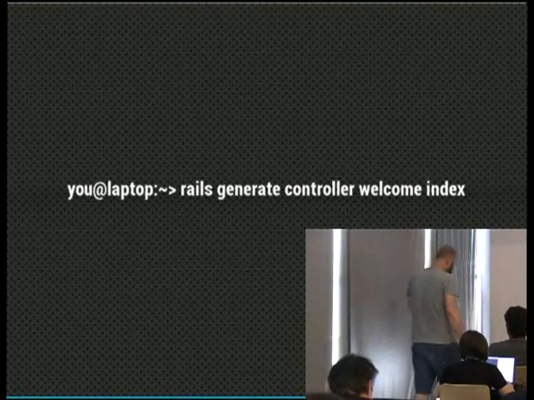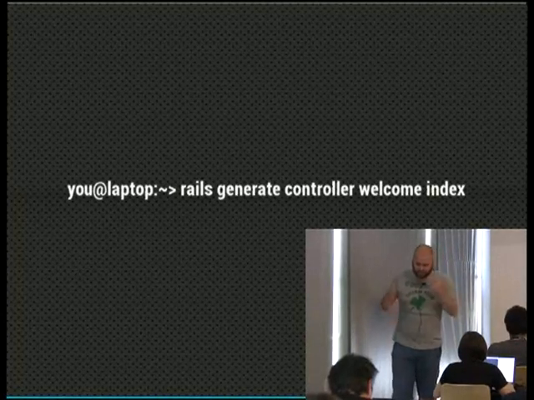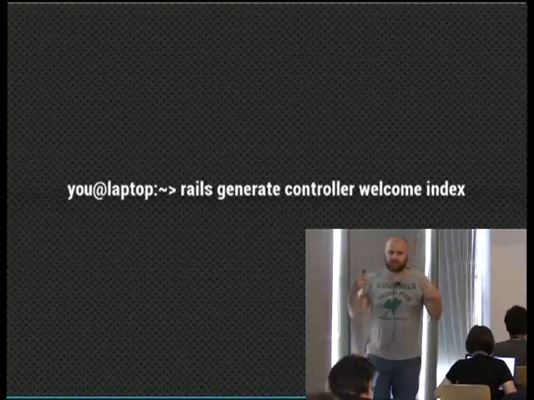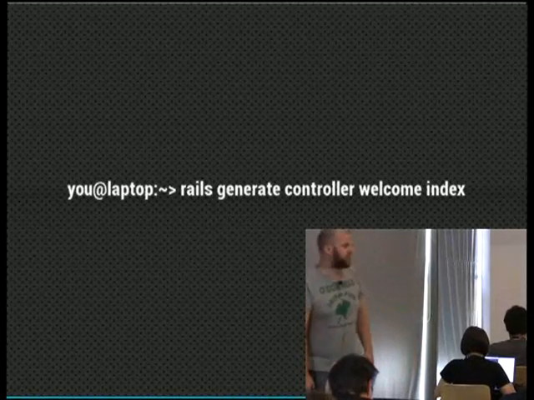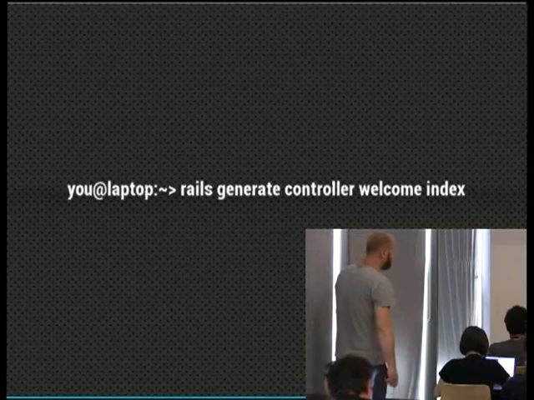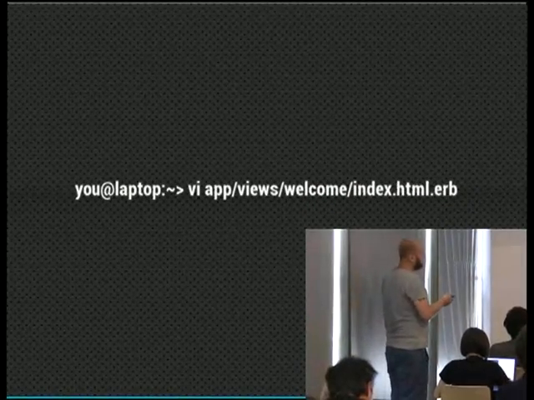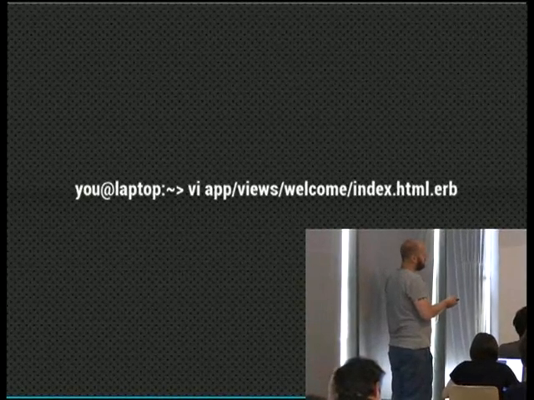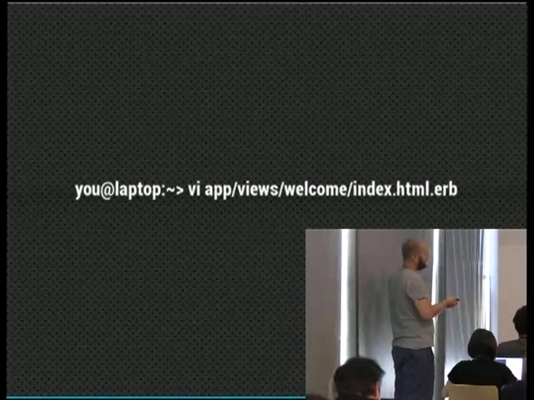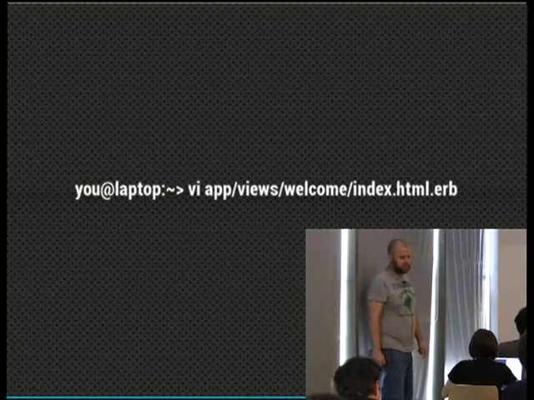It copied or added some assets, stuff like that. So again, you don't have to do anything, you just have to call the command, and it does everything for you. So what does that do? One of the things it has done is created this file: app, views, welcome, index.html.erb.